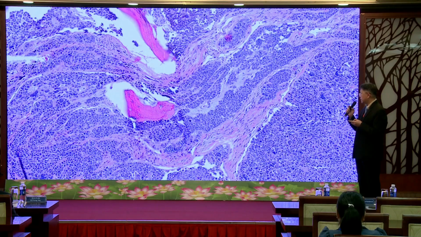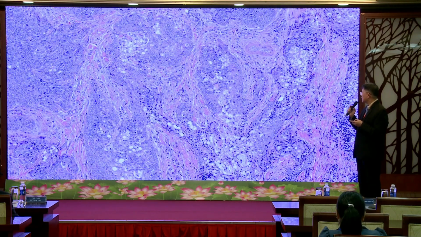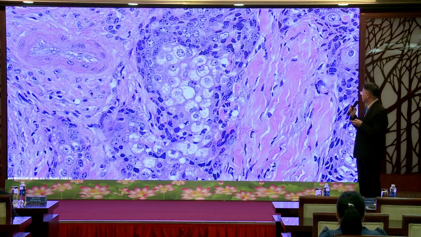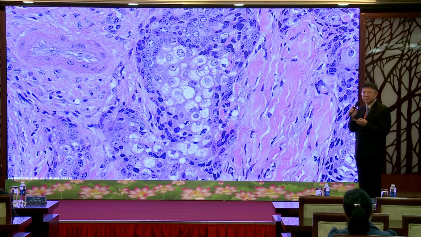In this case, it also shows bone invasion. But there are a few areas that show clear cells. These clear cells have vacuolated cytoplasm. Okay, anyone want to guess what the diagnosis is for this case?